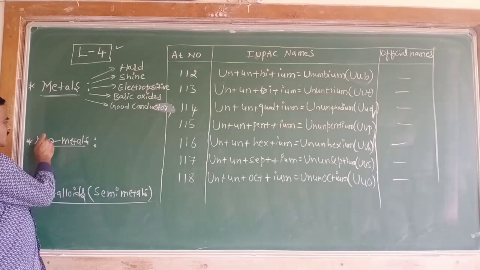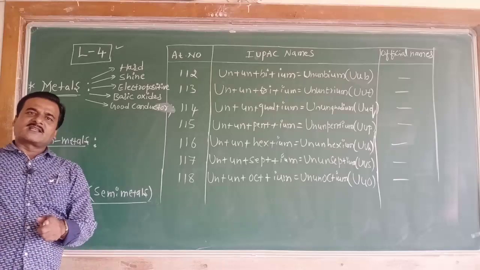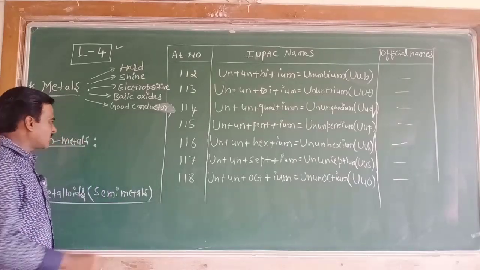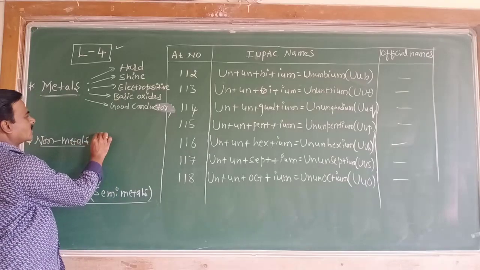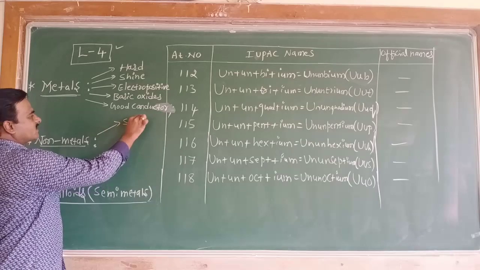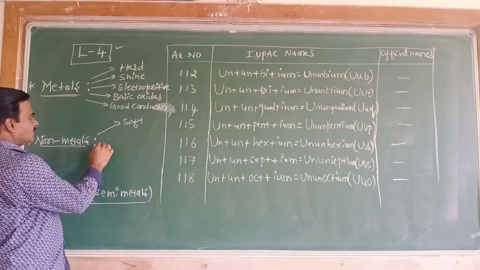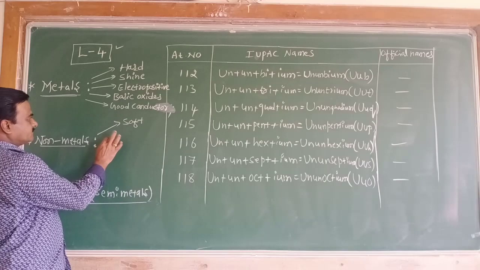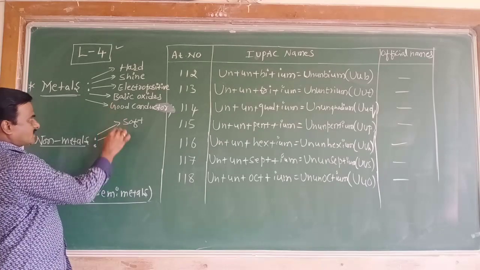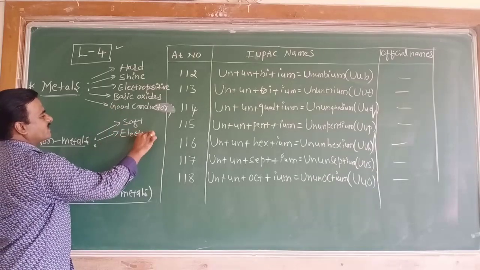On glancing into the non-metal character, non-metals are placed at the right of the periodic table, mainly in the P block, and almost all non-metals are soft in nature. They do not shine. They are electronegative in nature.